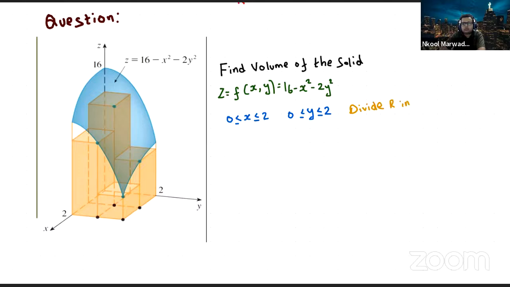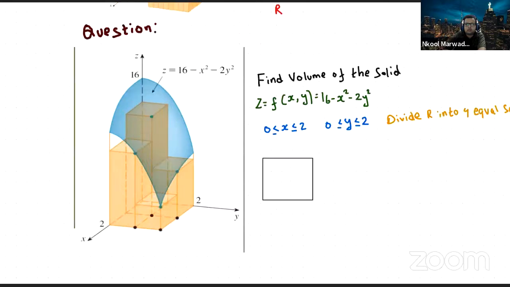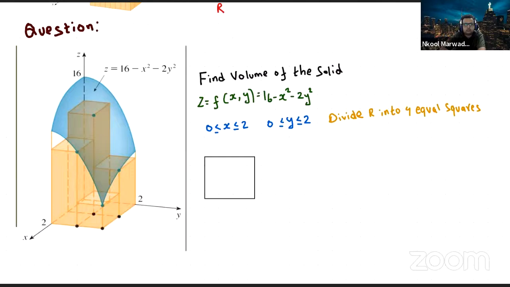So if I plot the graph, the R region. This will be x.